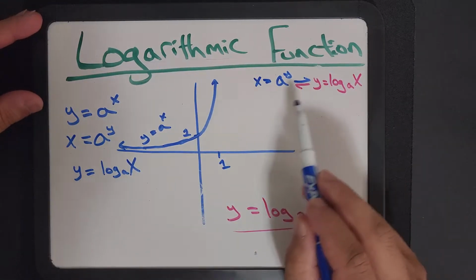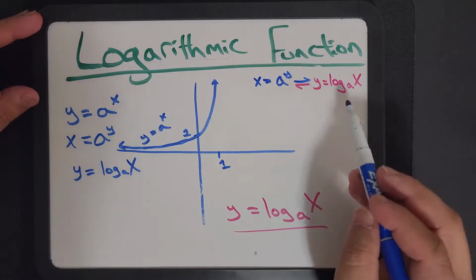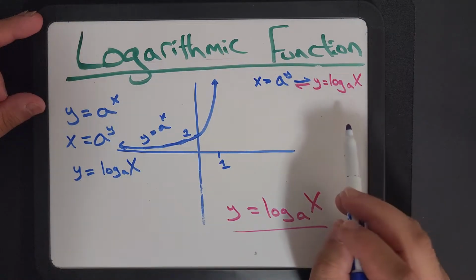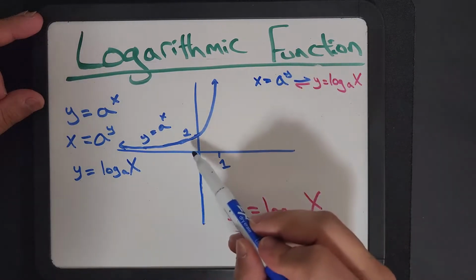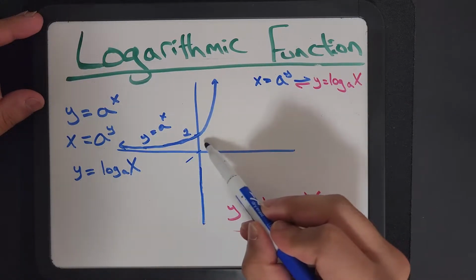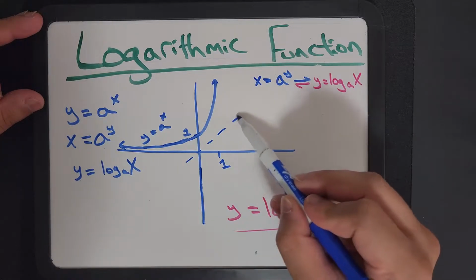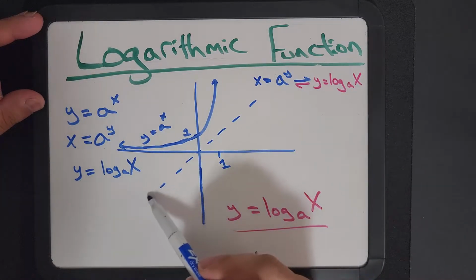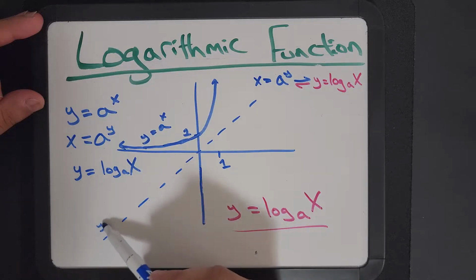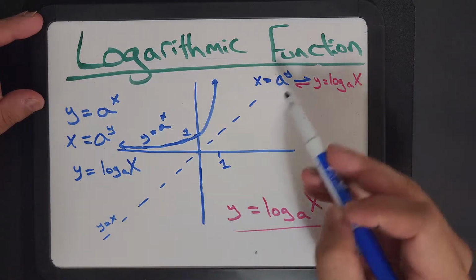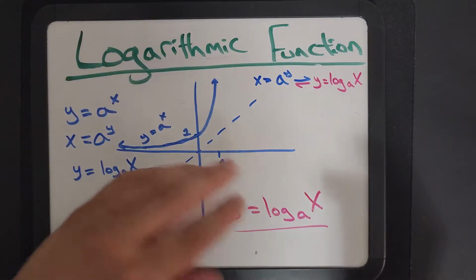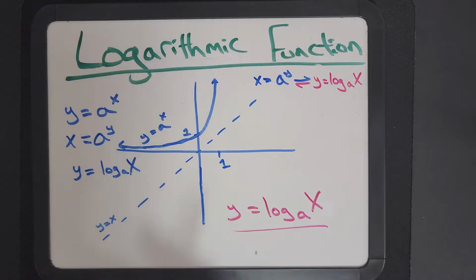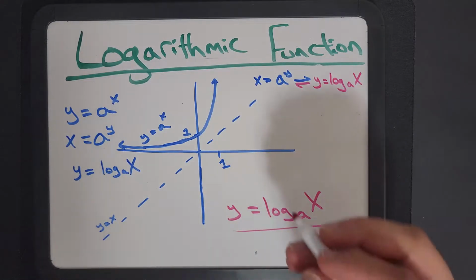One thing to note is that these two functions are actually inverses of each other. If we go back to our knowledge on inverse functions, remember, if we draw an imaginary line at y equals x, then we can make a reflection of the function on this axis, and that will give us our inverse function.